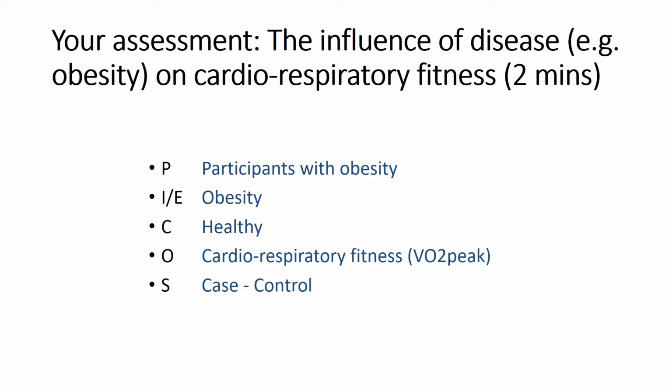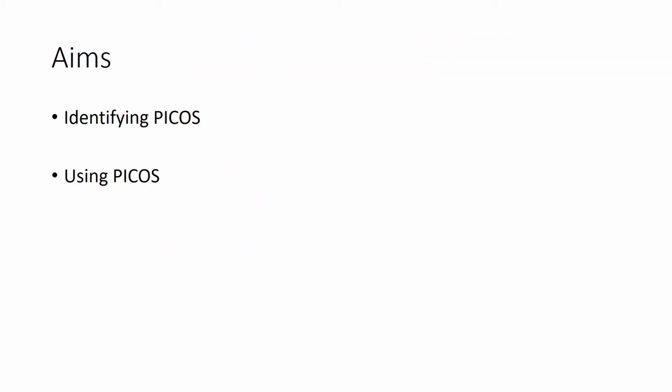Right, so hopefully from those slides you've got a sense that you might be able to do this. Certainly when we've done it in the seminar sessions, we've had great success in everybody being able to do that much. There is sometimes confusion over the intervention and exposure, that's the most difficult one, but usually people can identify the population, they're pretty happy identifying the controls, they're happy identifying outcomes, and then study design is difficult and something you just need to get used to.